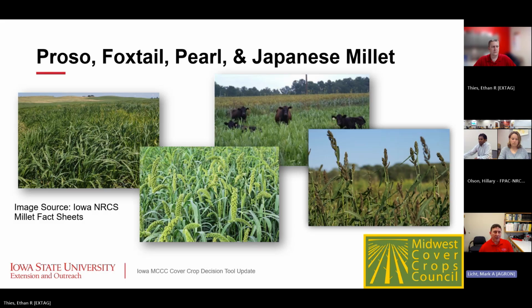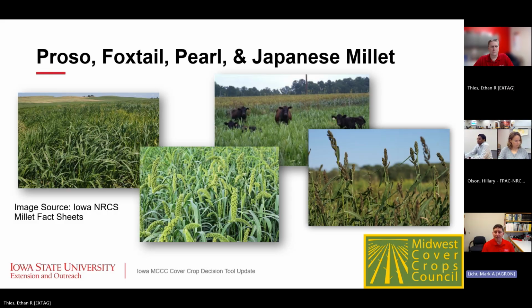These actually all do have very different scientific names as well, so it does make sense that we break them out like that. Maybe I'll start with foxtail millet specifically, because this one does tolerate some cooler conditions than Japanese and pearl millet, although Proso millet does tend to perform fairly well in more northern climates like foxtail would.